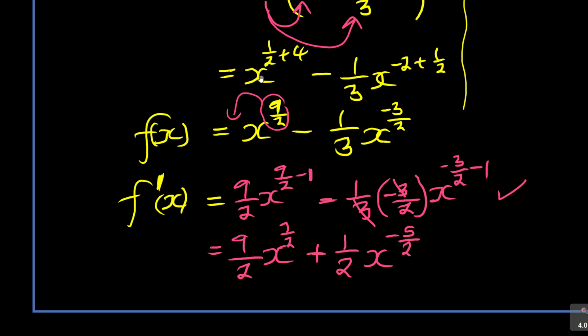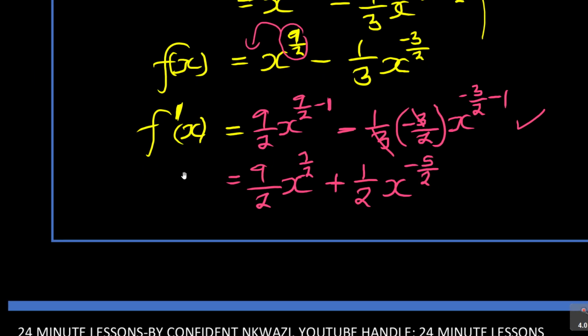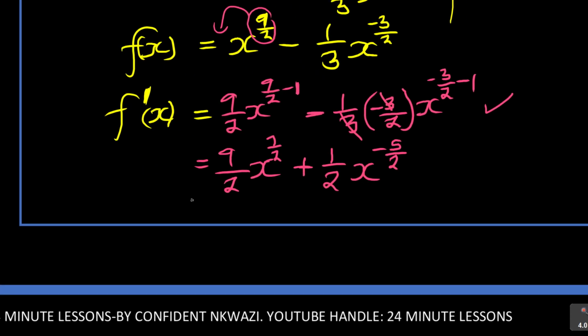So now they say this, but let's take this to positive exponents. Everything will remain the same, so it will be 9 over 2 times x. Now, with positive exponents and surds also.